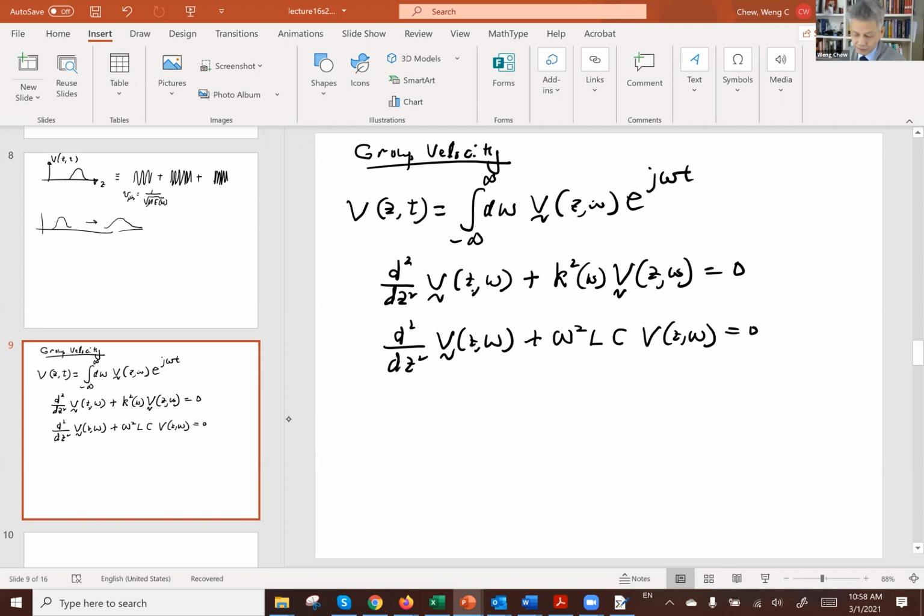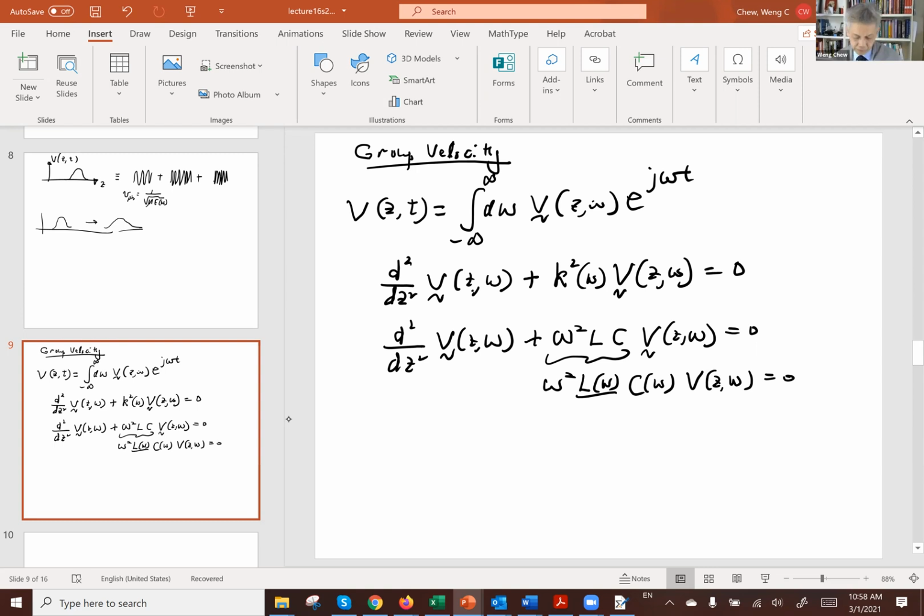What happens if the medium is dispersive so that the capacitance and the inductance are both functions of frequency? So what you have here is omega squared, L can be dispersive, and then C can be dispersive. Then this function here will look rather complicated.